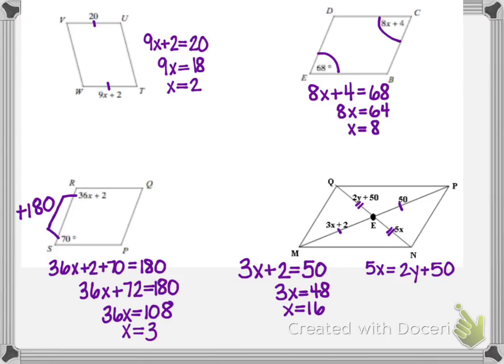Now, we were lucky enough to figure out x first, so we're just going to go ahead and plug him in. So I'm going to have 5 times 16 equals 2y plus 50. So 5 times 16 is 80.